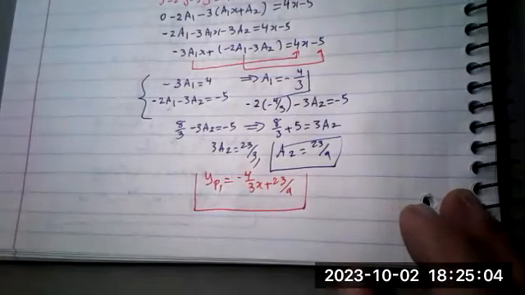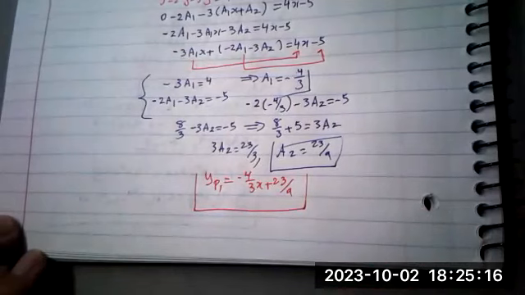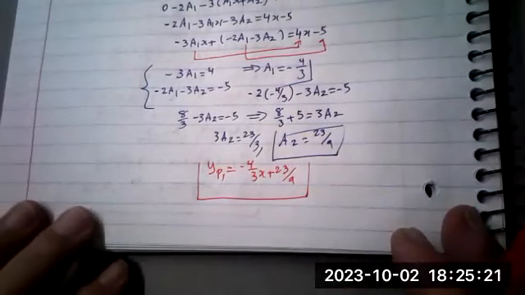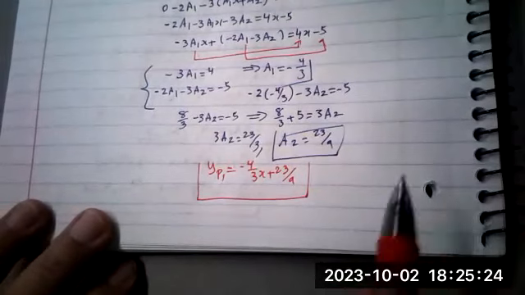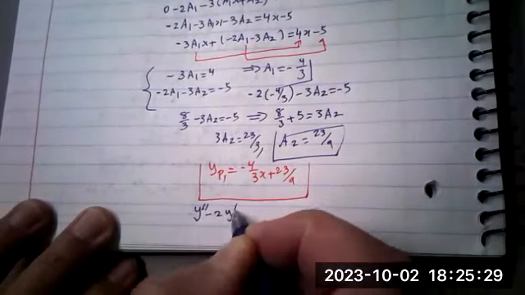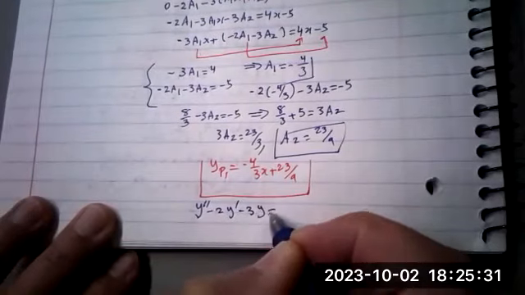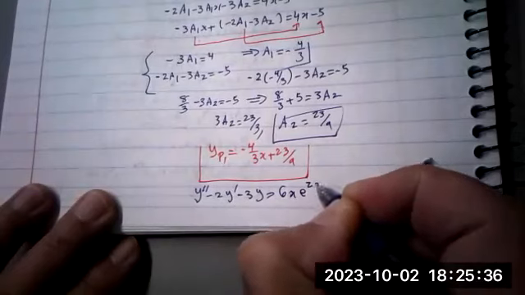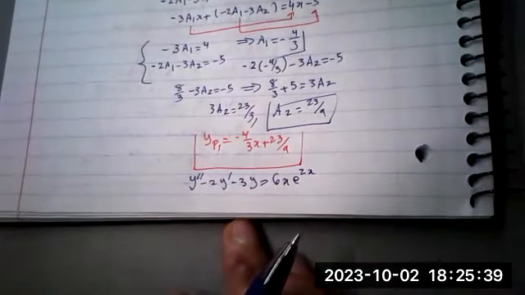You have to do it again, but this time for the YP related to the 6x e to the 2x. Okay, are you ready? So I need to find the YP for the second one. The second equation now is Y double prime, minus 2Y prime, minus 3Y, which we have to consider with the 6x e to the 2x.